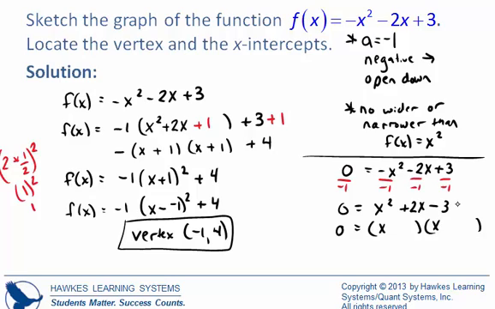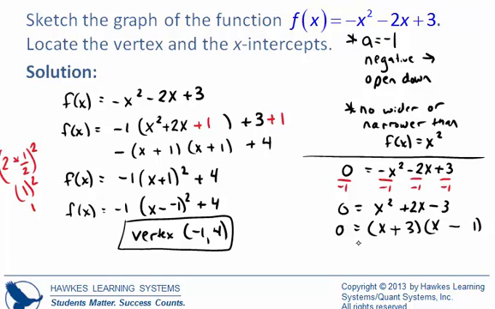So I know it has to be x and x because x times x would make x squared. The only way to make 3 is going to be to multiply 3 times 1. And I need the 2x, the middle terms, to combine to give me a positive, which means that the 3 needs to be positive and the 1 needs to be negative. Now, if your factoring is weak here, you would want to check this by foiling it to be sure that your signs are in the correct place.